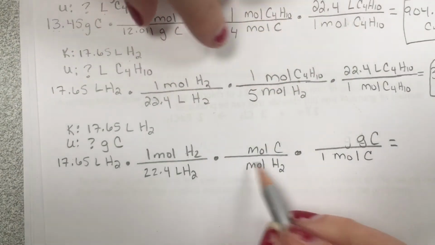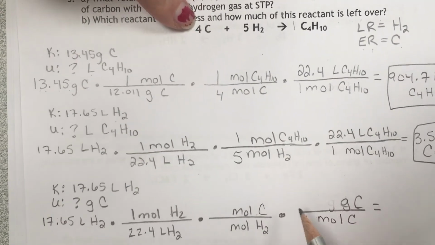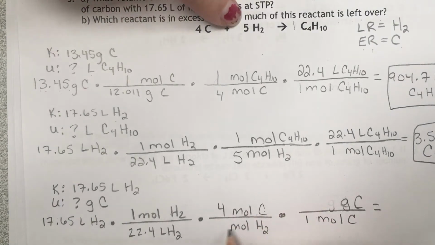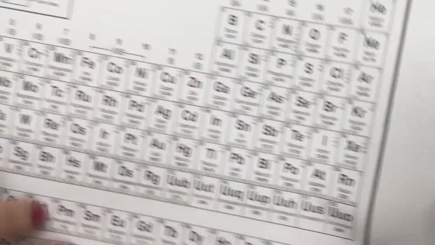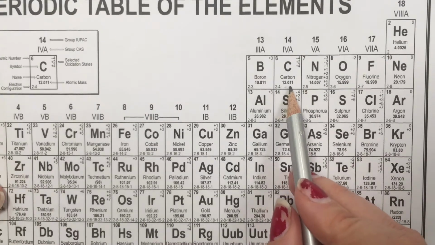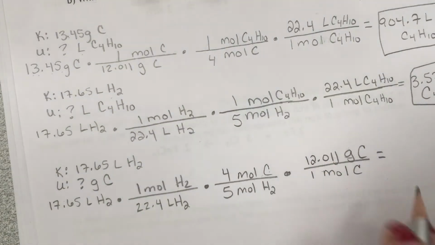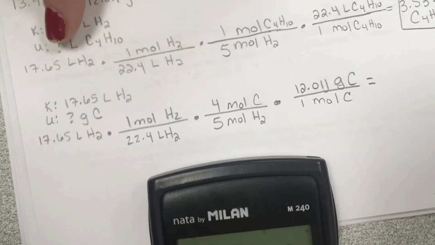All right, so let's fill in some numbers. For every, let's look up here. So moles of carbon, for every 4 moles of carbon, there are 5 moles of hydrogen. And then grams of carbon, we're going to grab that off the periodic table, 12.011. All right, now we just plug it in the calculator.